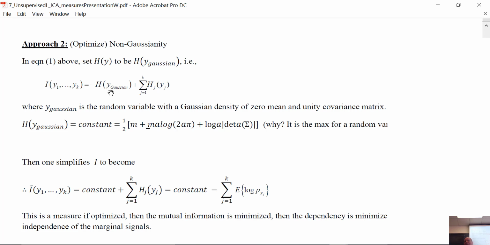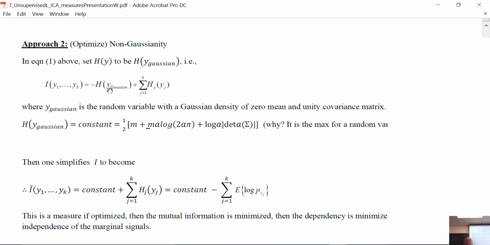So if I have a random variable, the one that has the Gaussian density turns out to be the one that has the maximum entropy, the maximum uncertainty. That's why we have the Gaussian density, normal density in engineering everywhere. That's when you assume that you don't know something or noise is Gaussian. So it has the maximum uncertainty for continuous random variables.